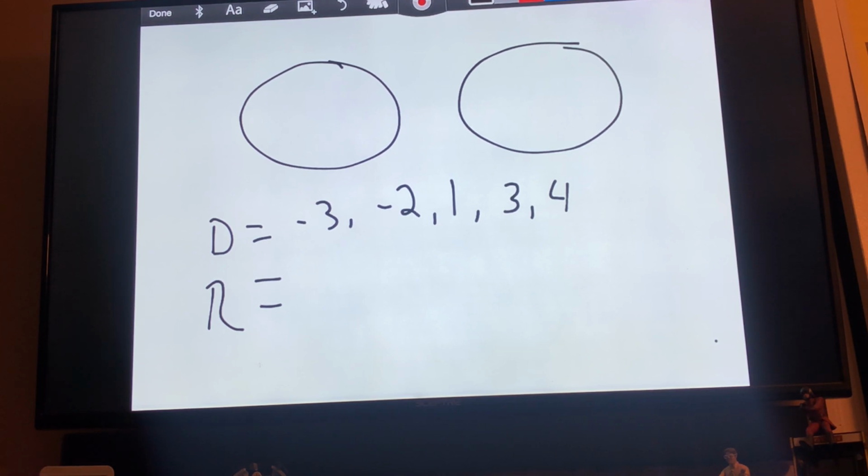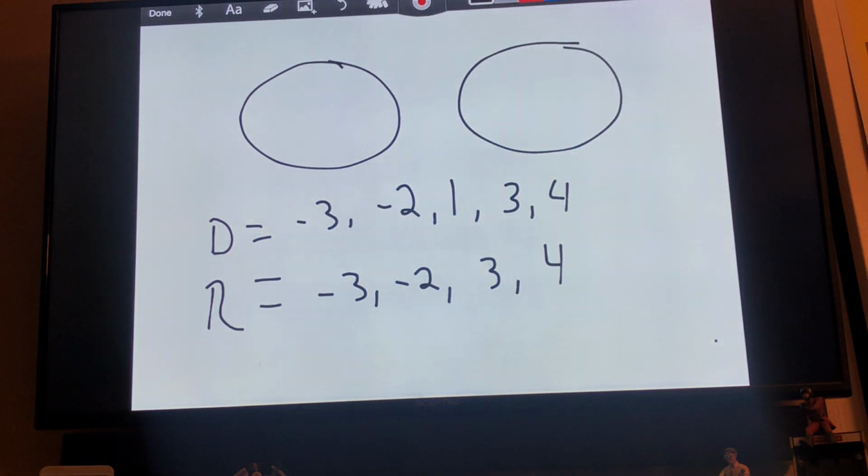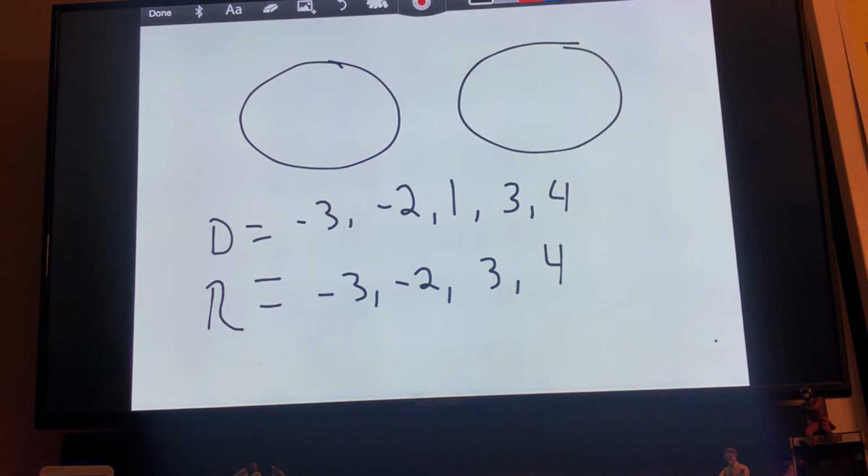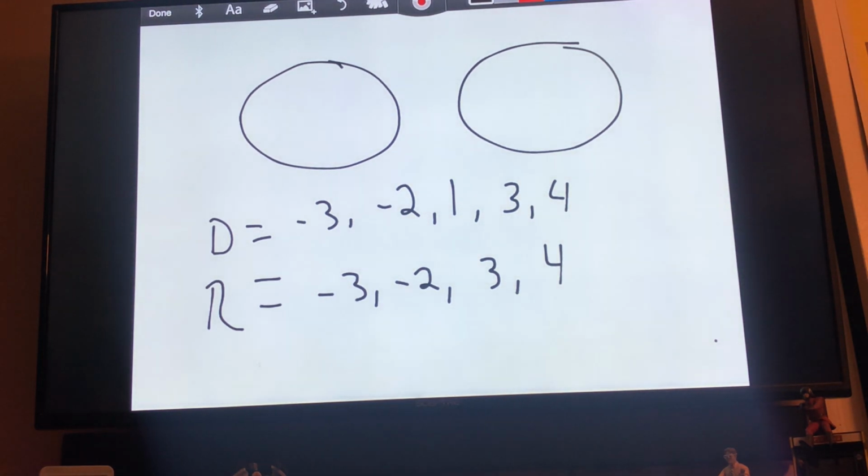Most of the time you want to put smallest to largest, so -3 would come first, then -2, then 3, and 4. Well, that's weird. How come the first one has 5 and the other one only has 4? I'm glad you asked. You don't have to have numbers repeating themselves. There were 2 3s in our range, so you can just put 3 down one time.